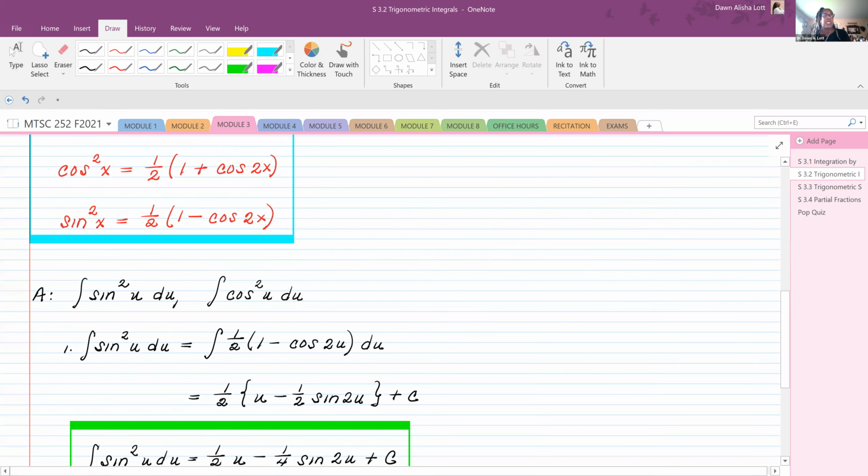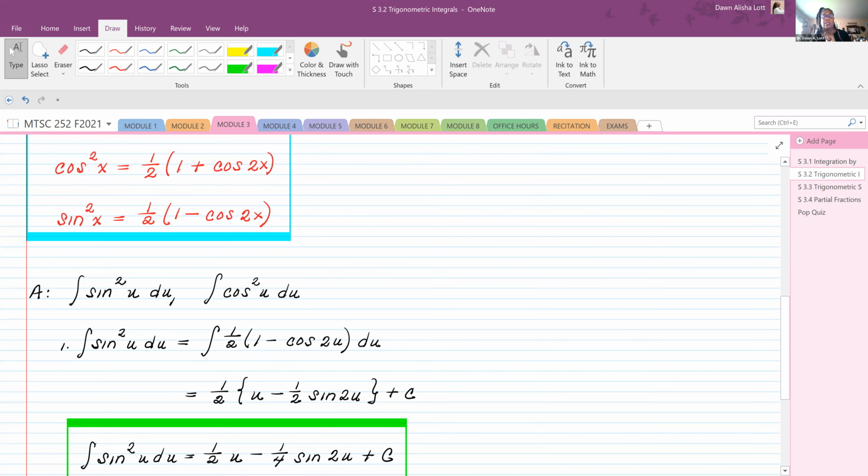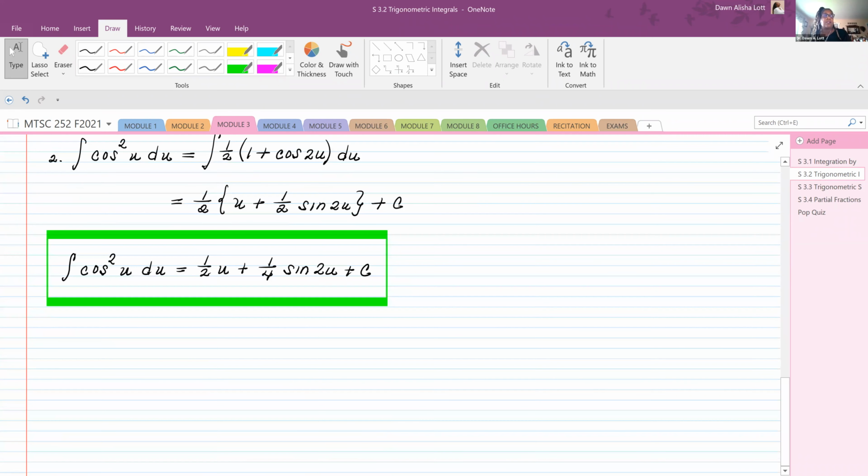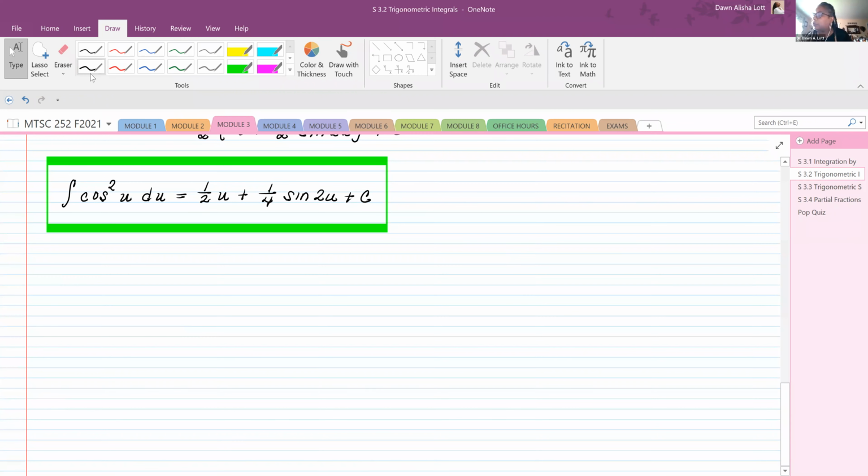So the first thing was, how do you integrate sine squared and cosine squared? We did that last time. So now what we want to do today, starting with B, is how do you integrate tangent squared and the integral of cotangent squared? And these are actually rather easy.